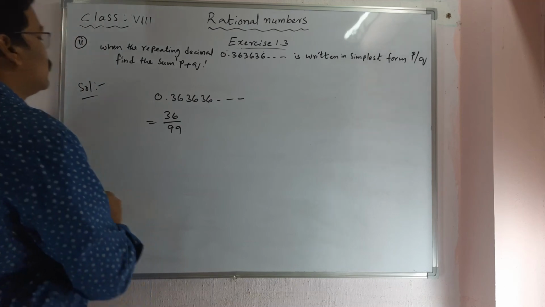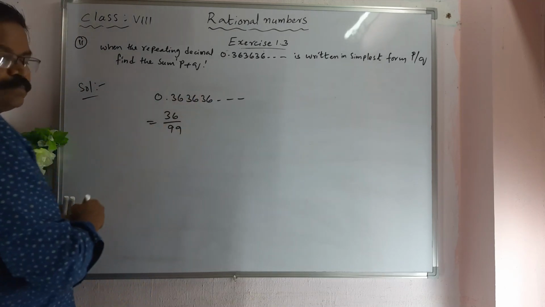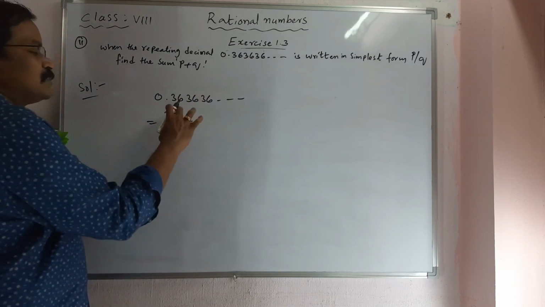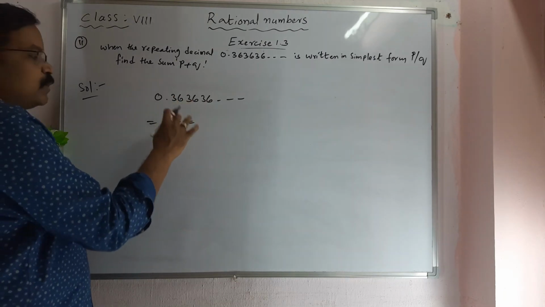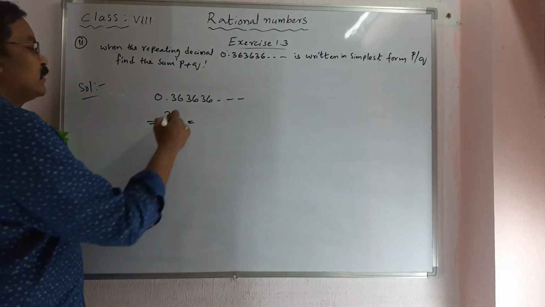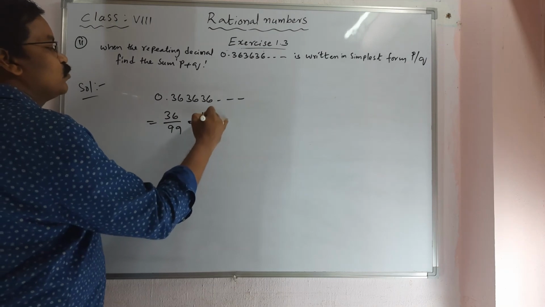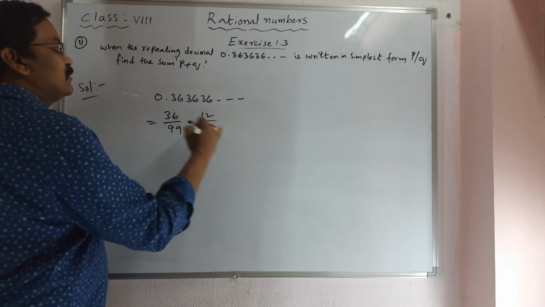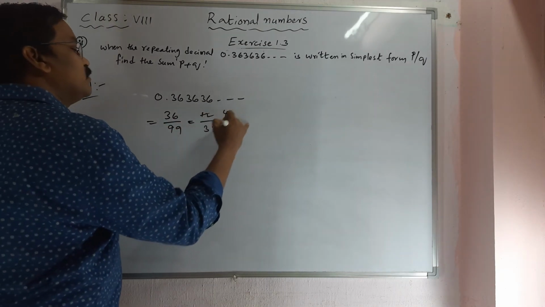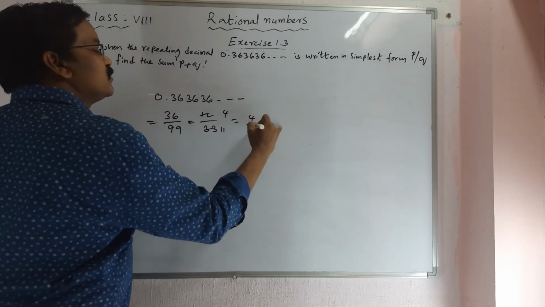So this is the rational number form, p by q form. Let us do it in simplest form. Here 3 table, 12 times, here 33 is 11 times, again 3 table, here 4 times, here 11 times.